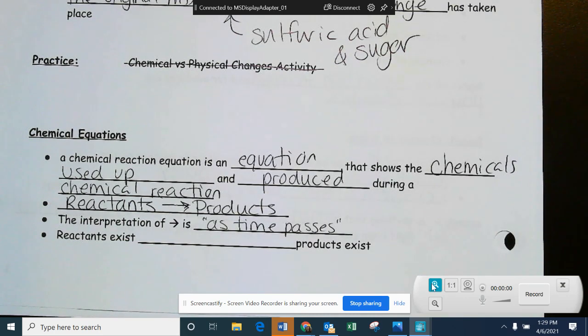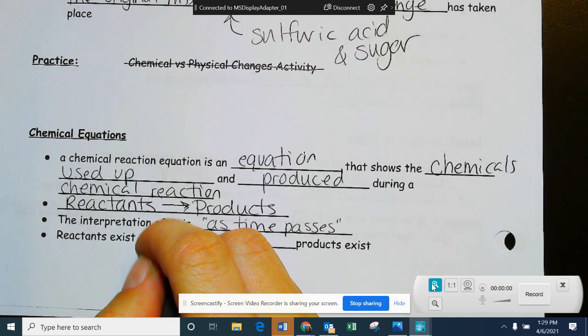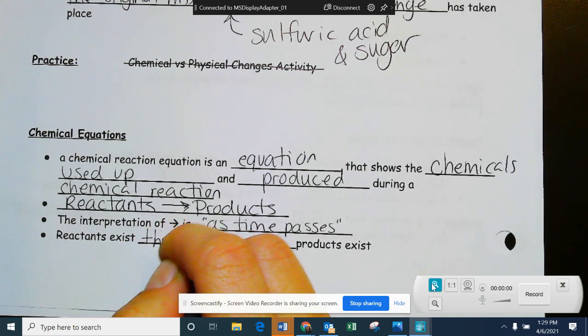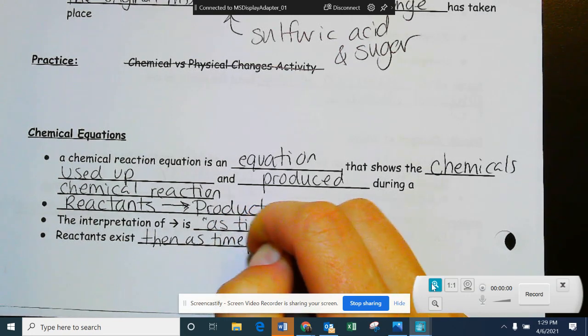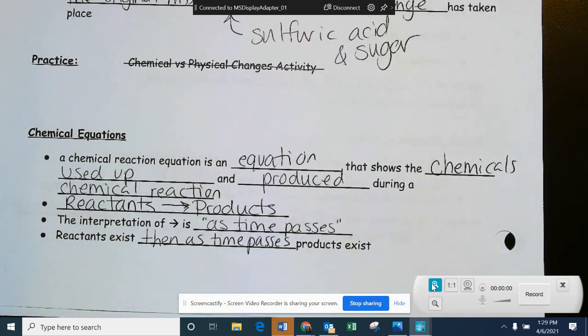Reactants and products both exist as time passes. So as time goes on, first of all, you've got just your reactants, and then you've got some mixture of reactants and products, and eventually, in a perfect world, you've got just products.